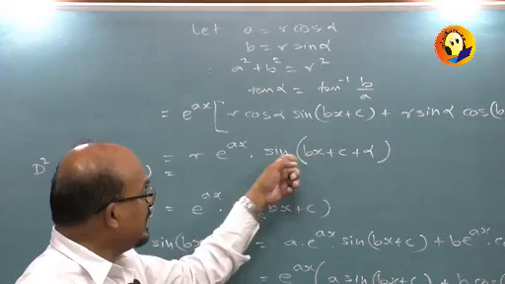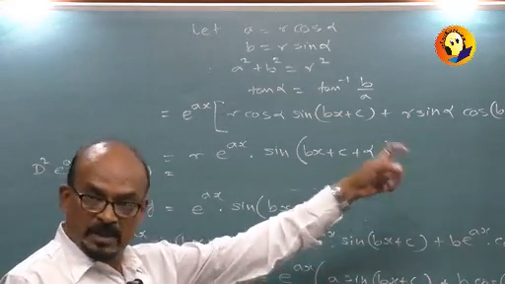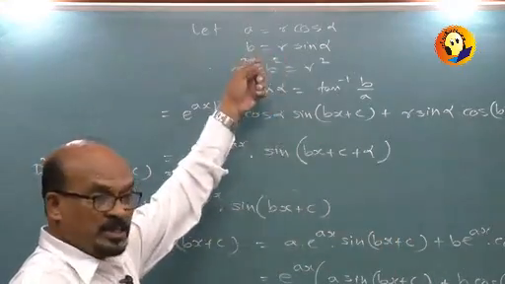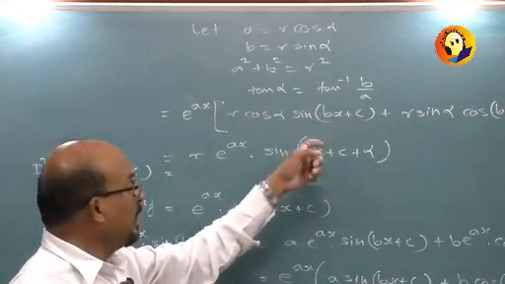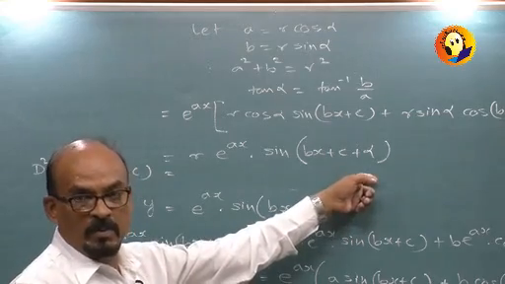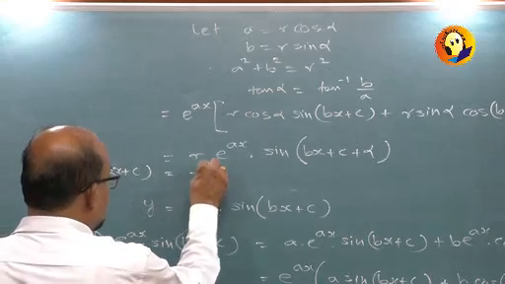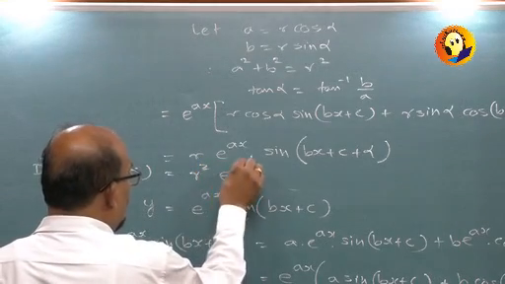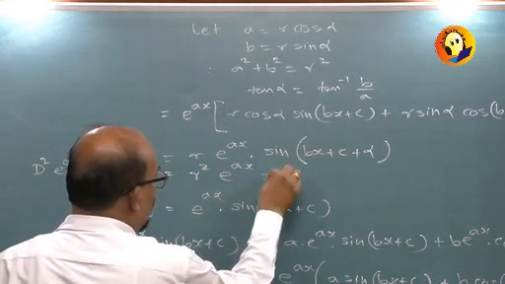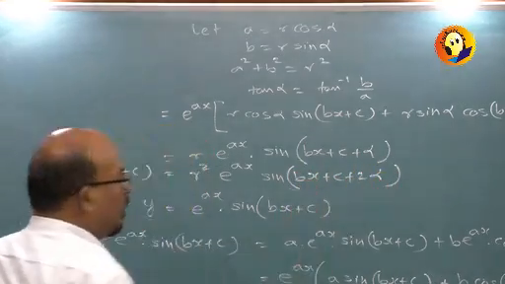Again I will get a sine of bx plus c plus alpha and b cos of bx plus c plus alpha. Again I will make the same substitution. Again it will become sine of bx plus c plus alpha. So it will become 2 alpha and 1 r will come common. This will become r square e raised to ax sine of bx plus c plus 2 alpha.